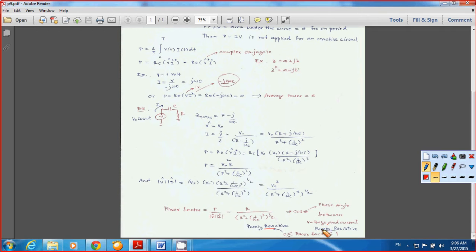Actually, I should switch that around. For the purely resistive case, you don't have this term, so it gives you 1. And when you have purely reactive, this term is very large, and you divide something by a large number, it gives you 0. That just gives you the idea of what happens to the power factor here.